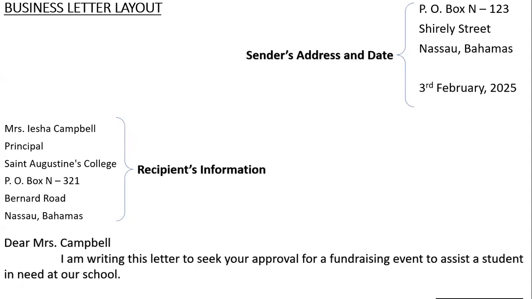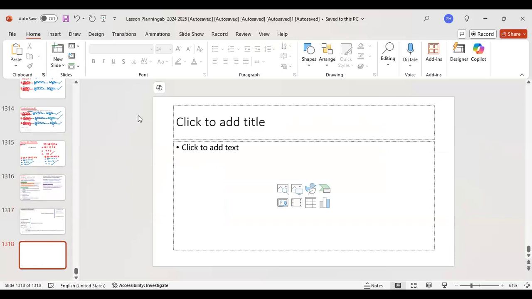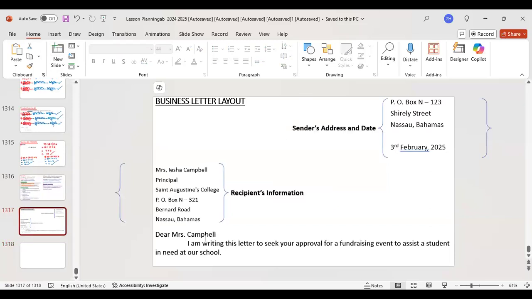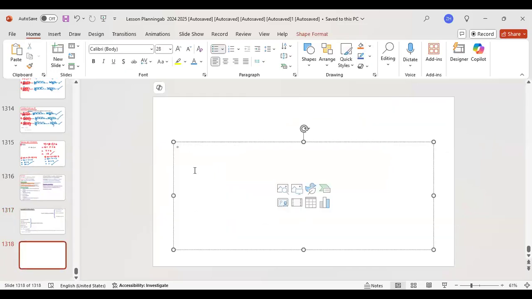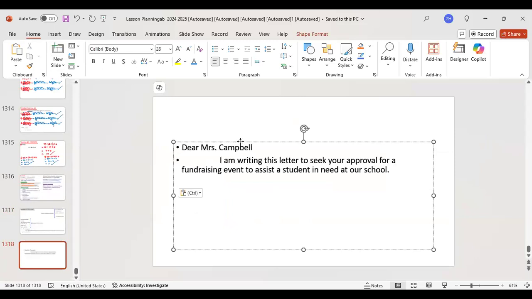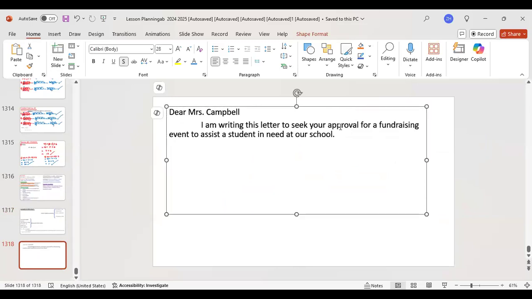So let's go back here. Dear Ms. Campbell, I'm writing this letter to seek approval for a fundraising event to assist a student in need at our school.